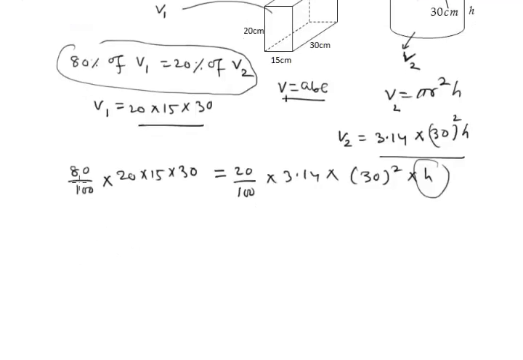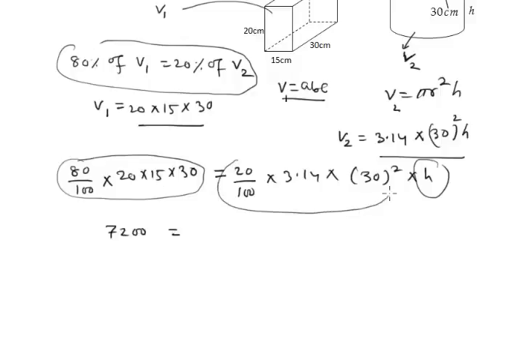So if we calculate this, it is 0.8. If we calculate this part, we will get 7200. 7200 equals, if we calculate this part, 3.14 times, if we calculate only this part, 900 over 100, so 9, it will be 180 h.